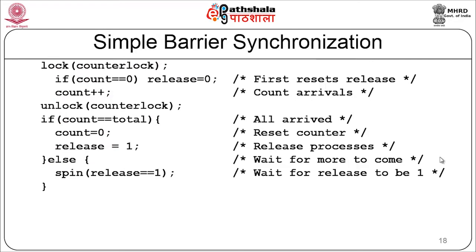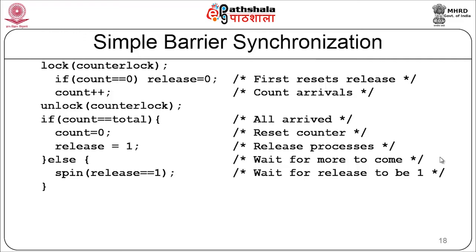So, you have a counter lock as the locking variable. So, you acquire a lock on counter lock, and if count is equal to 0, indicating that you are the first process entering it, you set release equal to 0 and increment count, and you unlock the counter lock. So, that is a critical section. You will have to gain access to it and then update your count value.